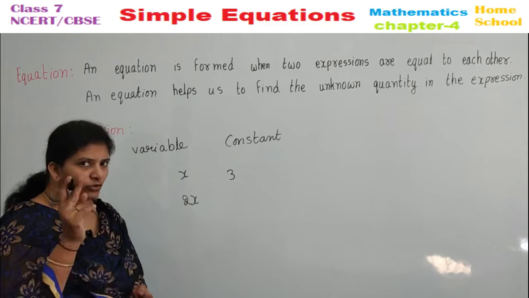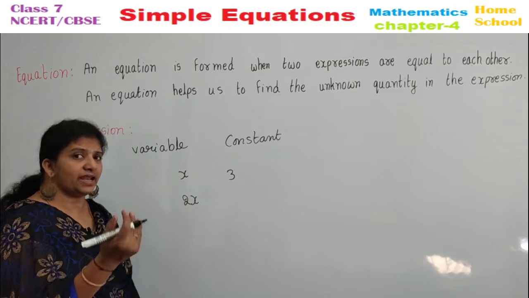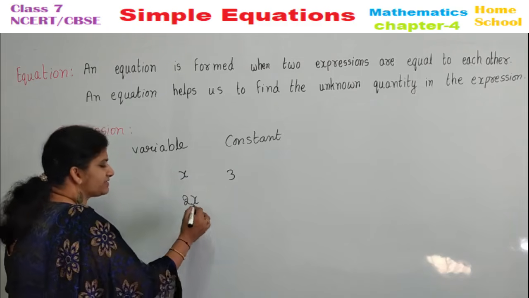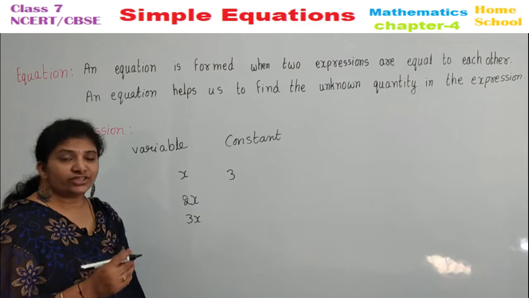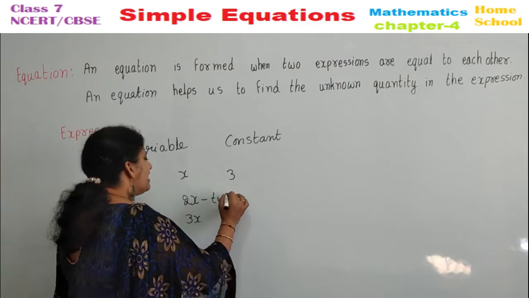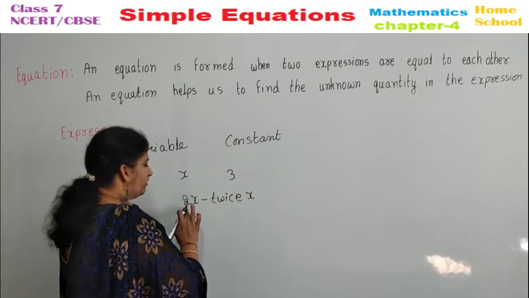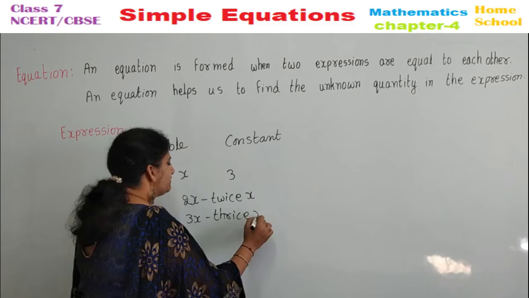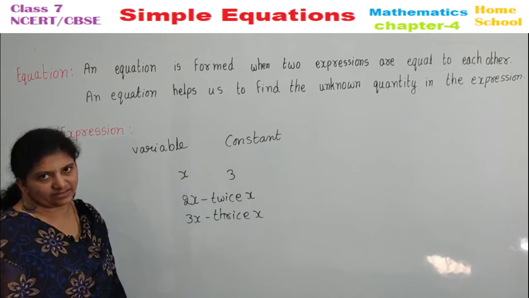Twice means 2 times. Thrice a number or thrice x, if I say 3x. We should understand some words here. Twice x, you need to write 2x. Thrice x means you need to write 3x.